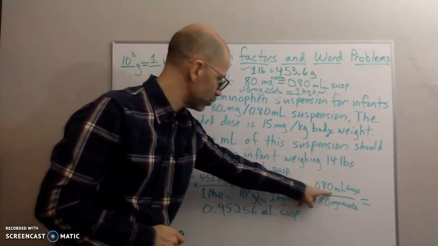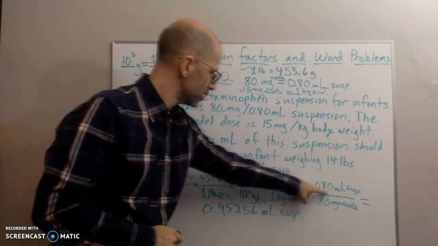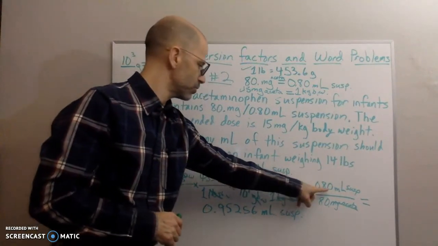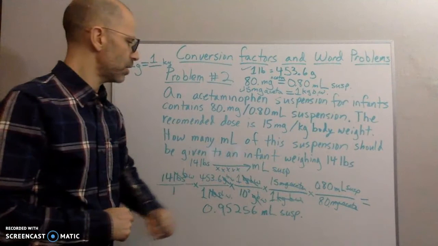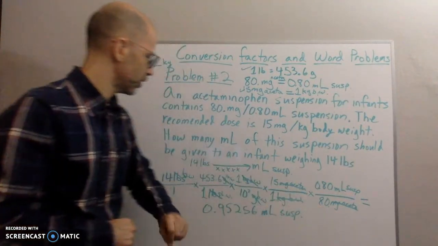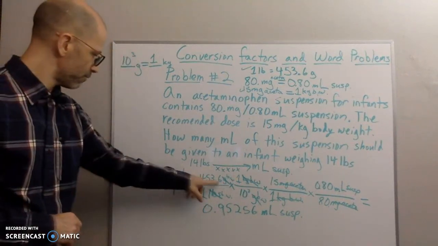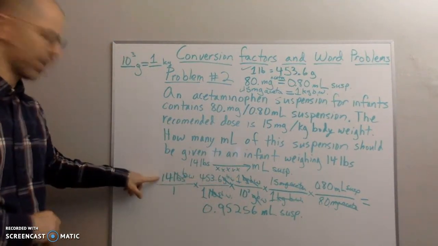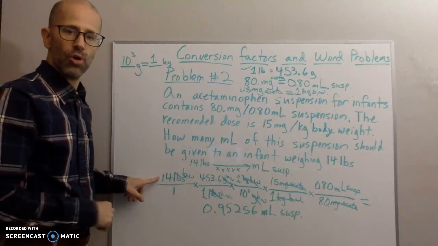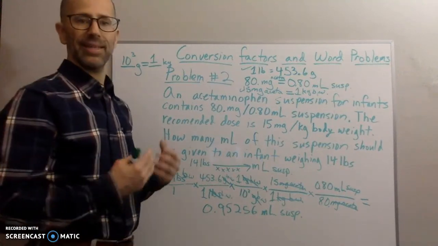So let's look at the significant figures. Here we have two significant figures. Here we have two significant figures. Here we have 4, and here we have 2. So the least number of sig figs is 2.